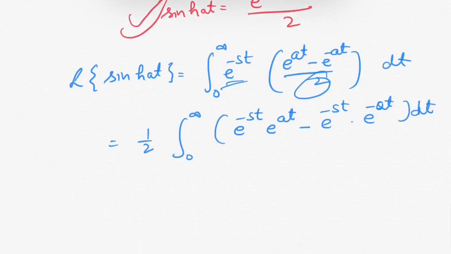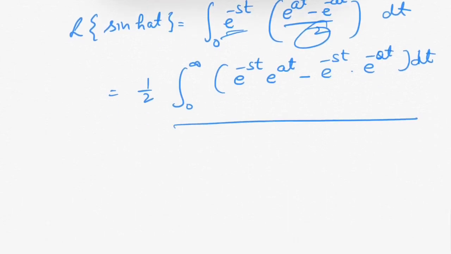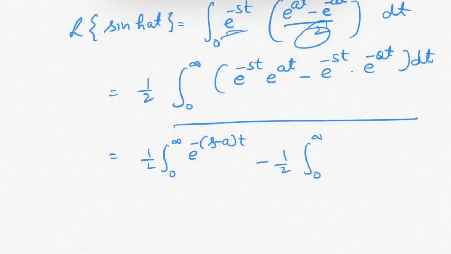Okay, now separating this integral into two integrals, this equals half integration 0 to infinity e raised to power minus (s minus a)t dt minus half integration 0 to infinity e raised to power minus (s plus a)t dt.